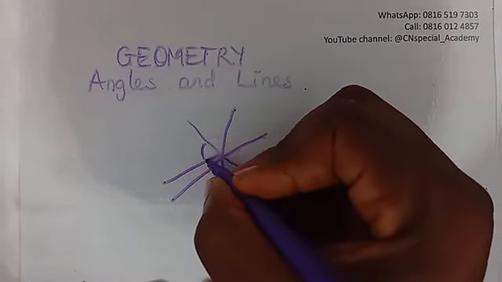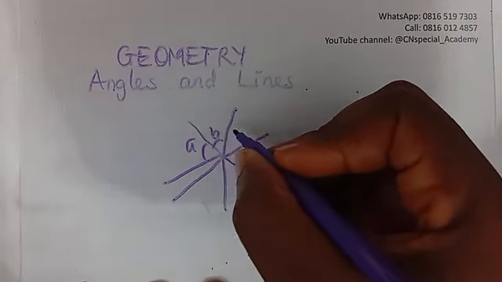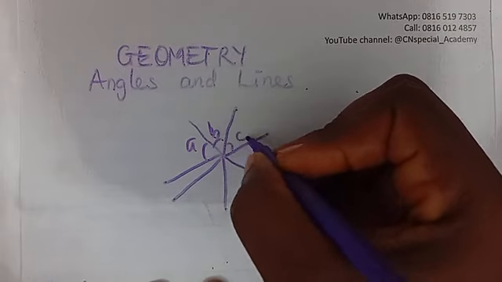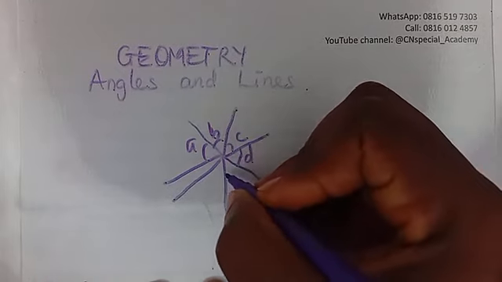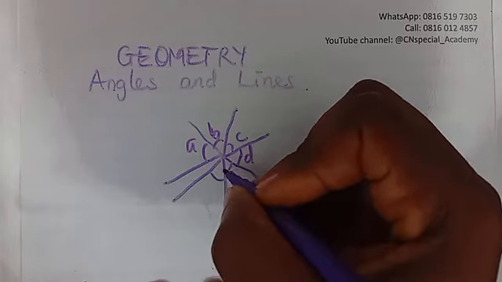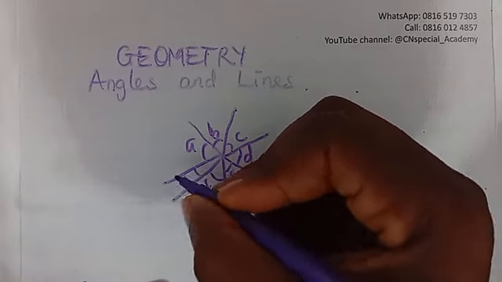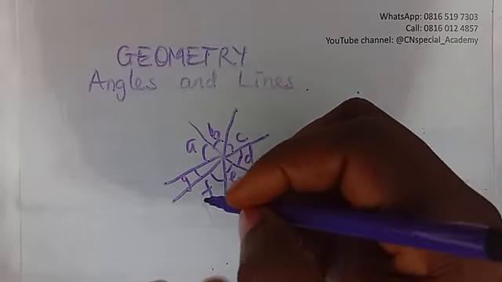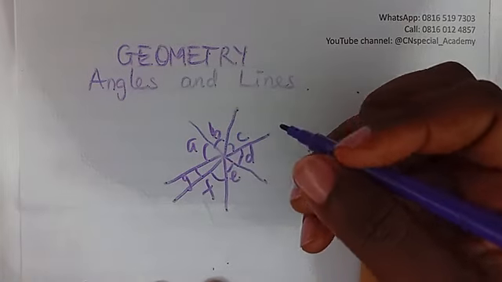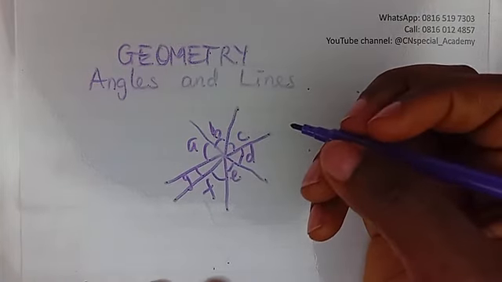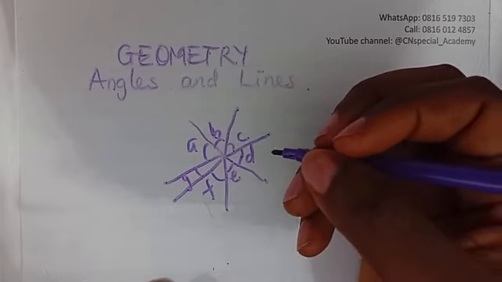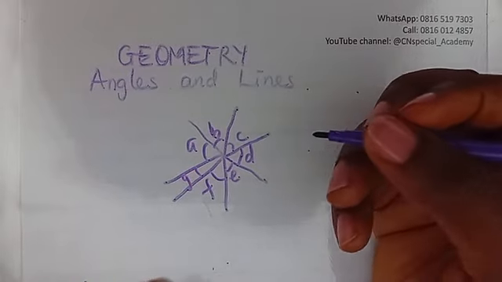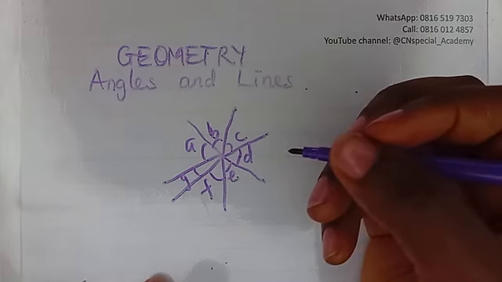Let's say that this is angle A, angle B, angle C, angle D, E, F, and G. We have that angle A plus B plus C plus D plus E plus F, they are all equal to 360 degrees. And our reason is angles at a point. Now let's quickly look at an example.